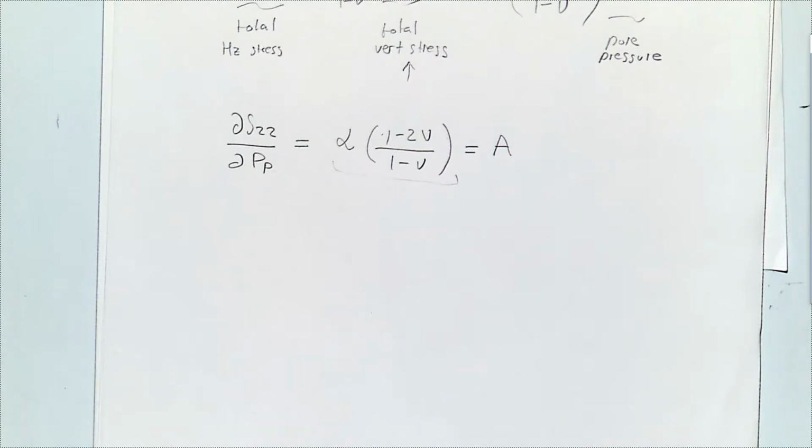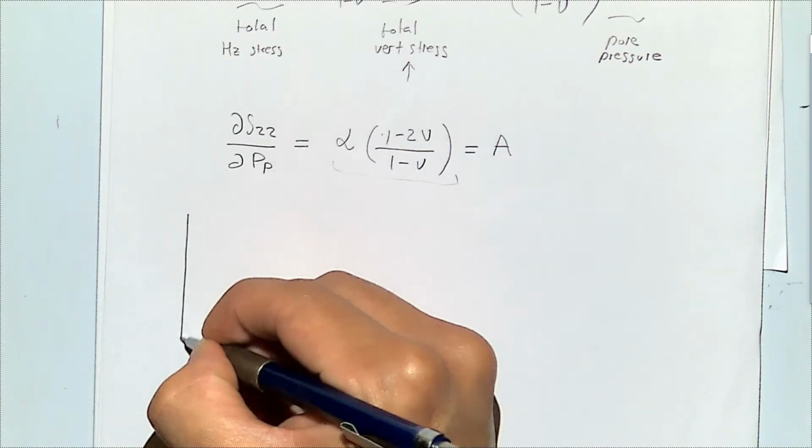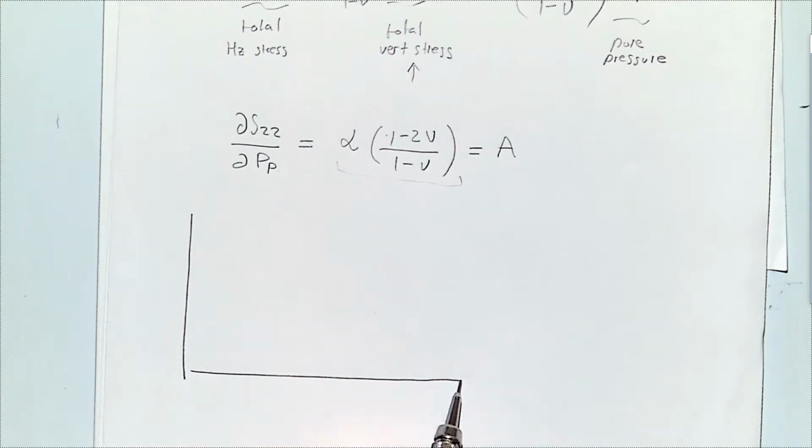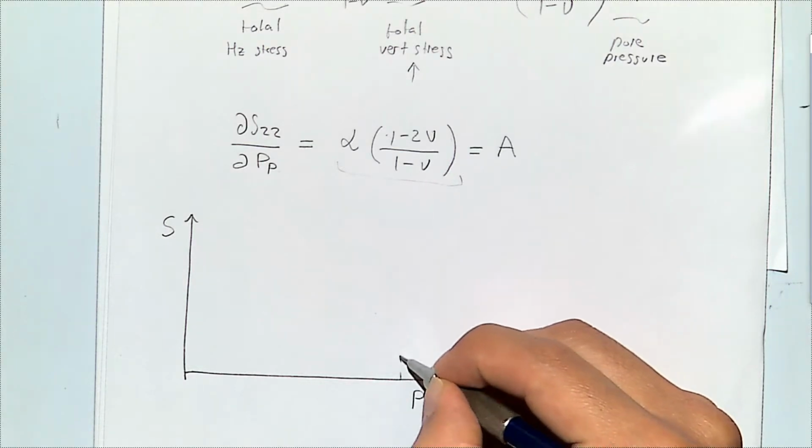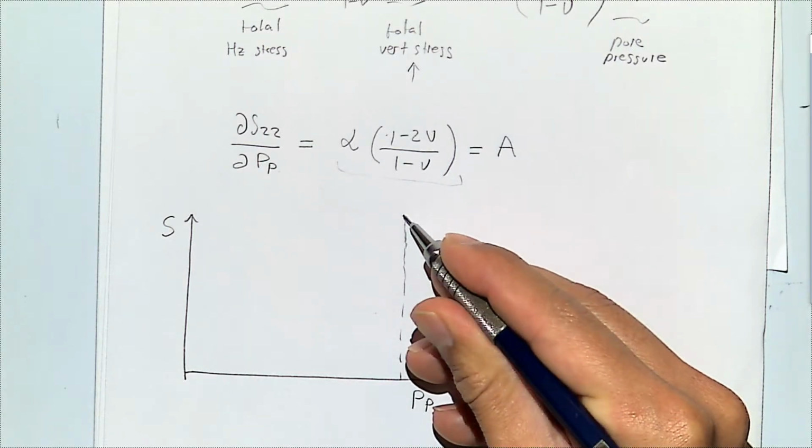Let me draw again what I showed in the previous plot. Here we're going to make a plot of total stresses as a function of pore pressure. So we'll put pore pressure over here, we'll put the total stresses over here, and let's say that we start at some pore pressure around here.